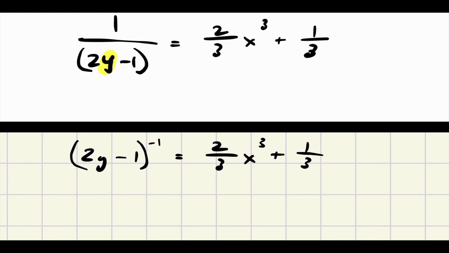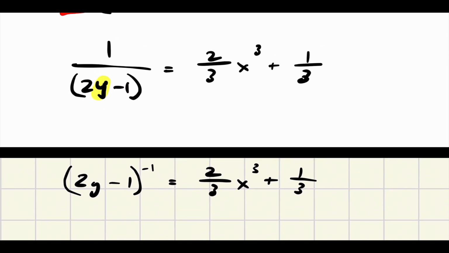There's not just one way. But again, we have our problem here. We want to move this guy to the top, right? And we tried that here, but it still has that negative 1. That negative 1 power is still a problem, right? The only way to get rid of that is by getting rid of this. How do I get rid of this? Times it by the reciprocal, right? Times it by the reciprocal of this, which is 2y minus 1 over 1.